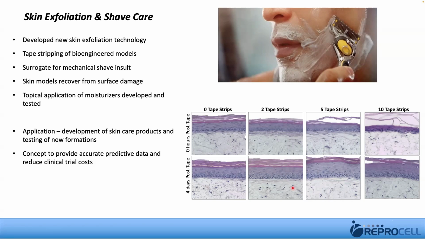So this is an example of how you can interact with the system, challenge it with an injury, or add an active and then study its effect over time in a live culture environment, which is clearly beneficial, and it can then produce data which can help with the design of clinical trials, etc. We can use this particular example as a surrogate for shaving, where it's known that a razor will remove the upper layers of the stratum corneum.